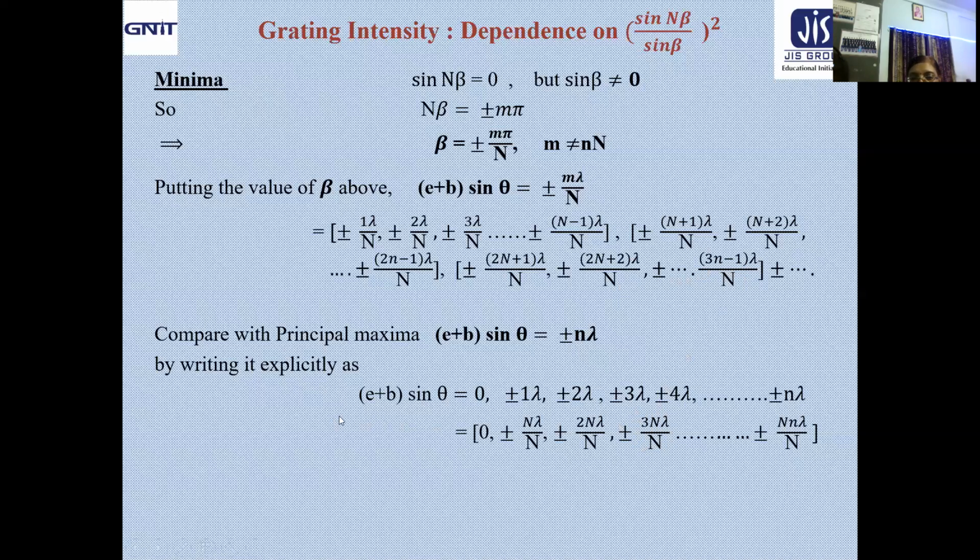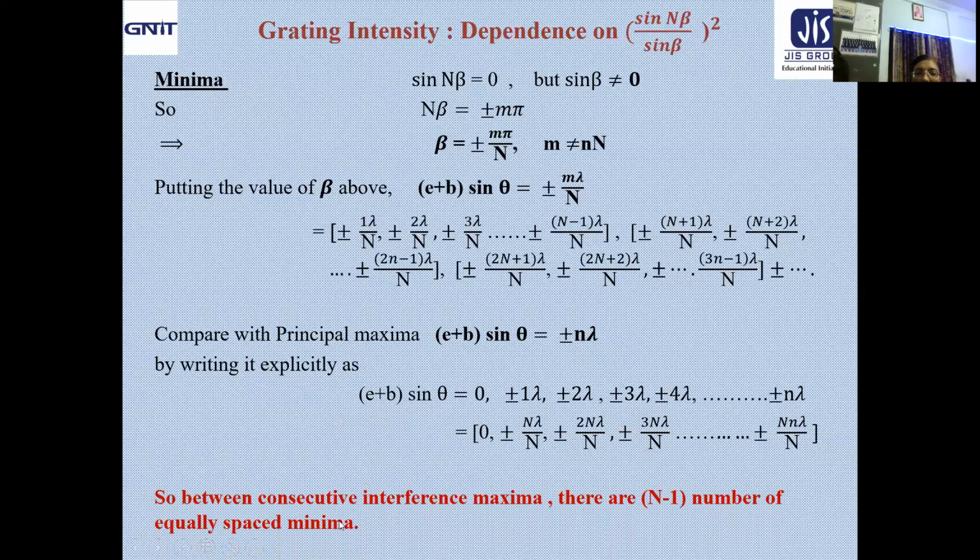N minus 1 in all cases. So we can say that between consecutive interference maxima, there are always N minus 1 number of equal space minima.